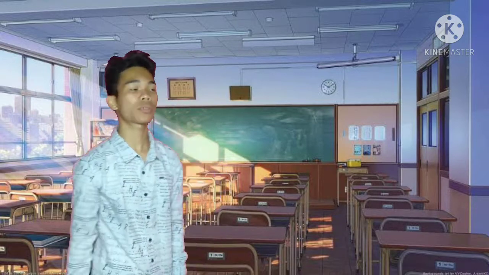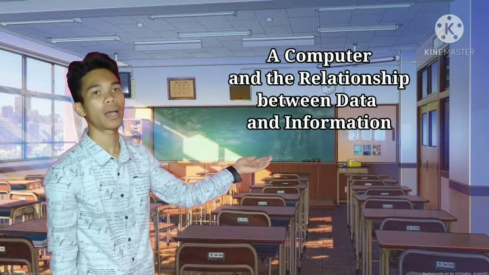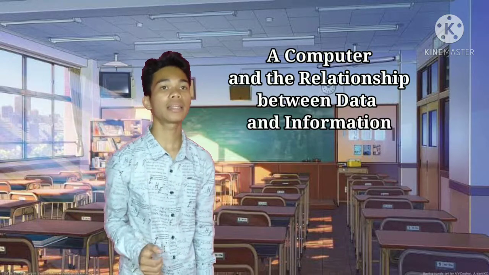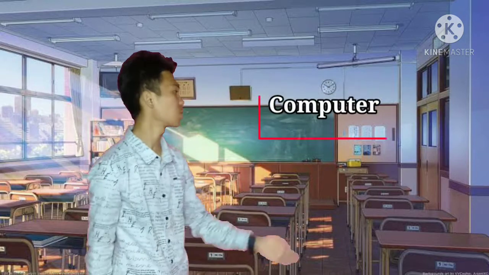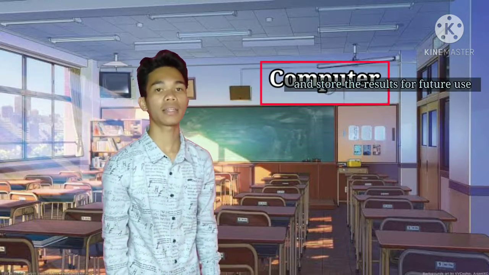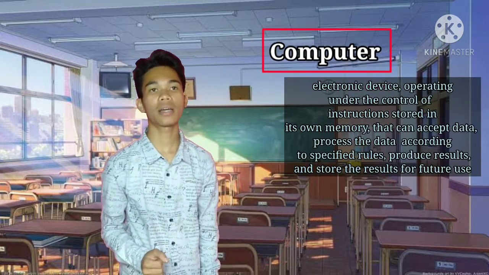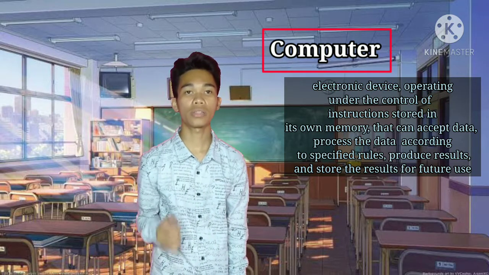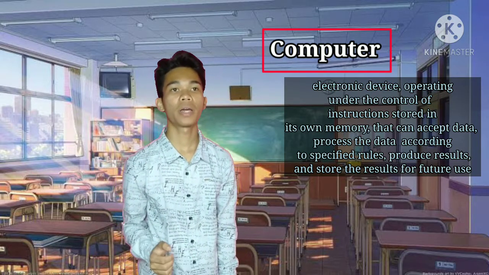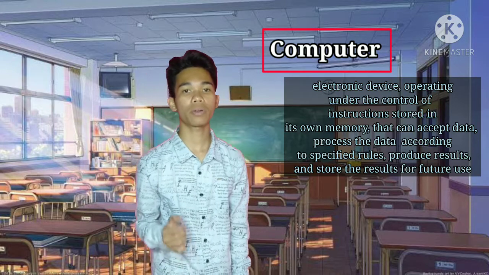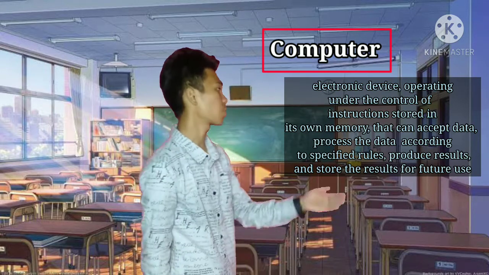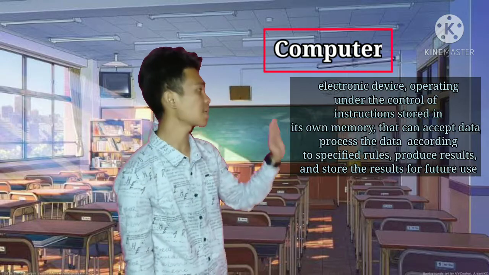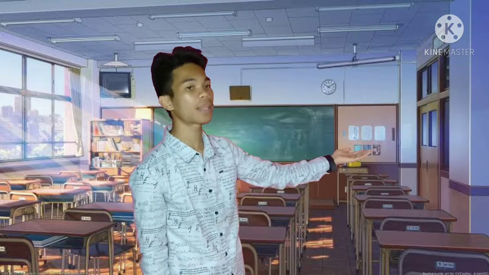Now, let's proceed to computer and the relationship between data and information. First is computer. A computer is an electronic device operating under the control of instructions stored in its own memory that accepts data according to specific rules, produces results, and stores results for future use. Next is data.